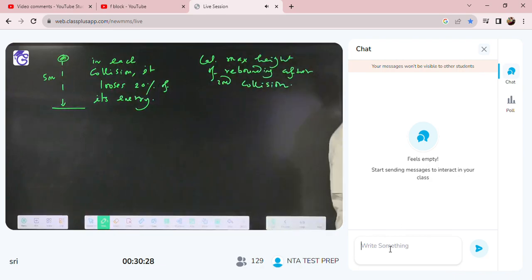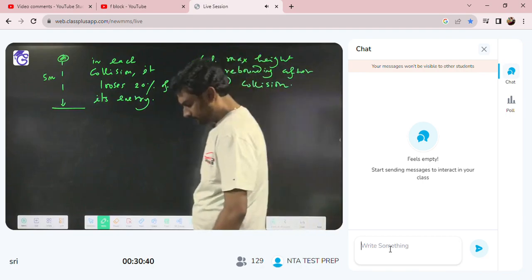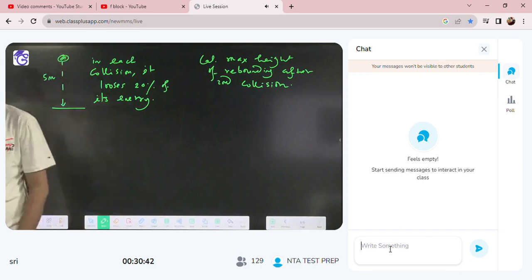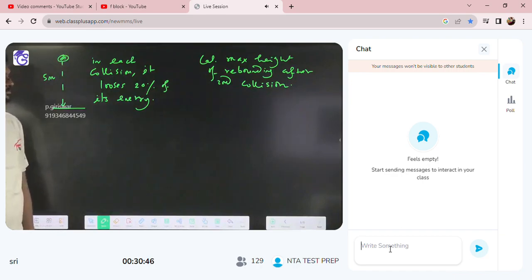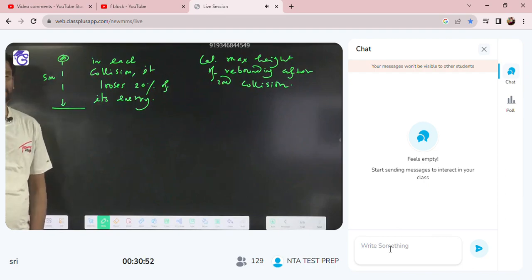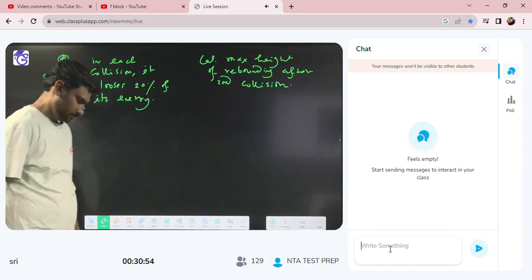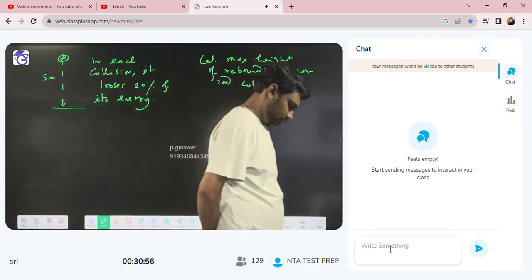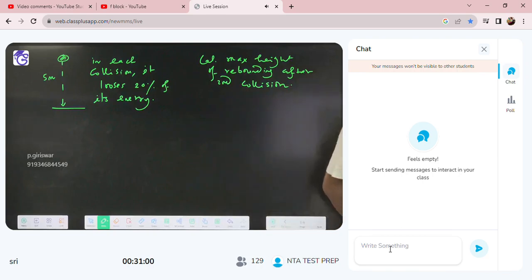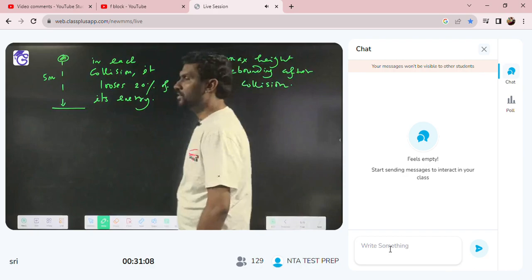Please do it, everyone. Each collision means, suppose there will be multiple collisions, no issue.